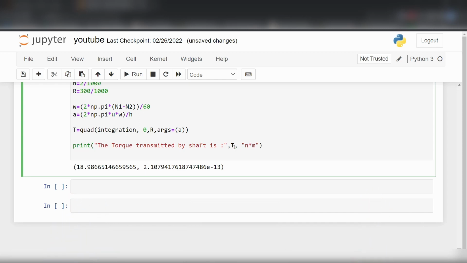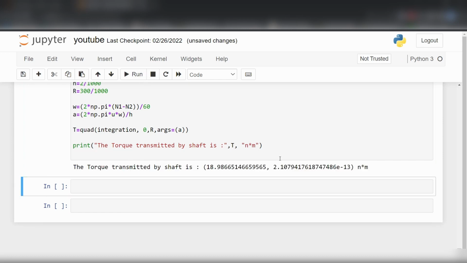The e raised to minus 13 is the error estimate of the numeric integration. So this is my 18.98 Newton meter.